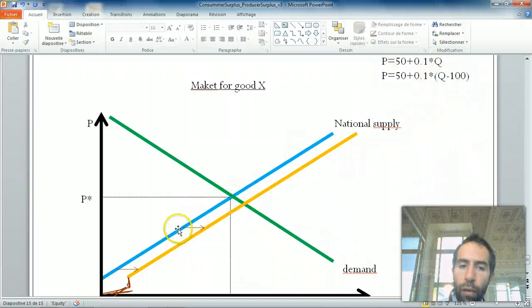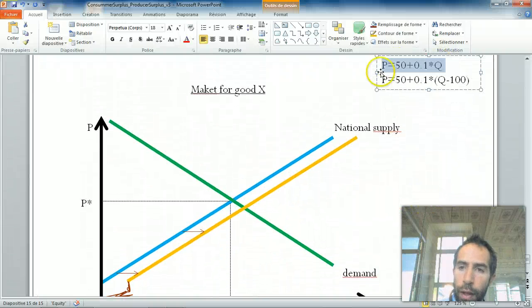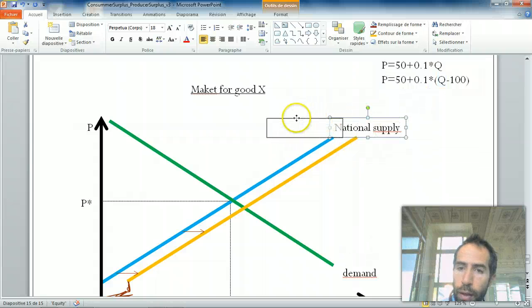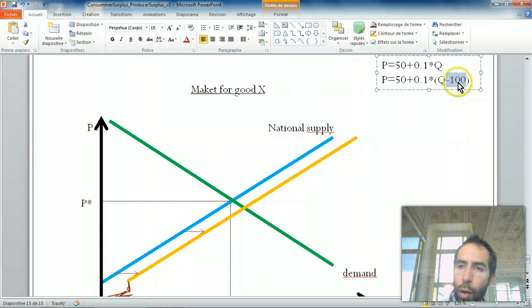Well, before, for any price, we would have this formula that would express the price, and now we want the same price with a quantity that is 100 higher for the total supply, right? So we wanted the same price, but with a quantity that is 100 higher. So if we want the same price to occur, we need to subtract 100 from the total quantity.